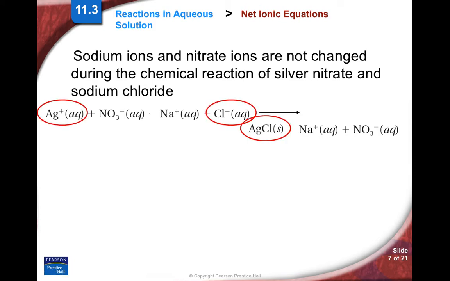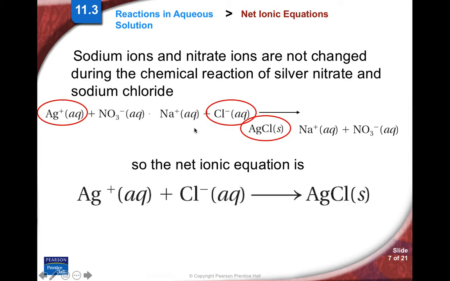Since the silver and chloride ions are the only ones doing something, when we cut to the chase and get rid of the extra fluff, we can just write Ag+ (aq), indicating it's in solution, Cl- (aq), makes AgCl solid. Now, this is a nice easy one to do because there's no coefficients needed. +1, -1, all done. Okay, but it gets more complicated, obviously, you know that.